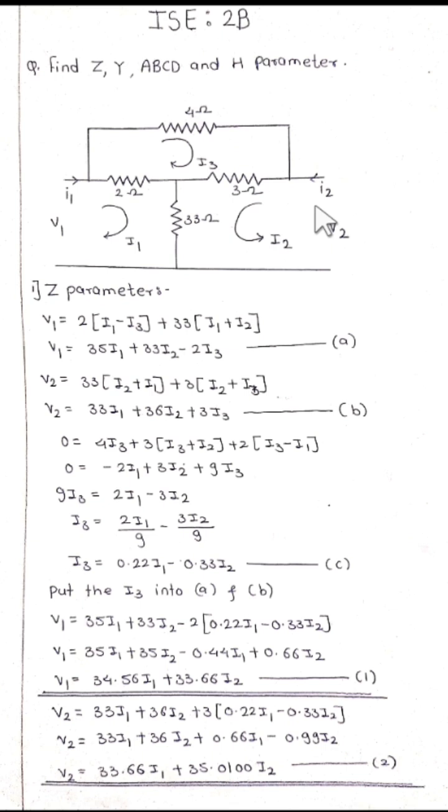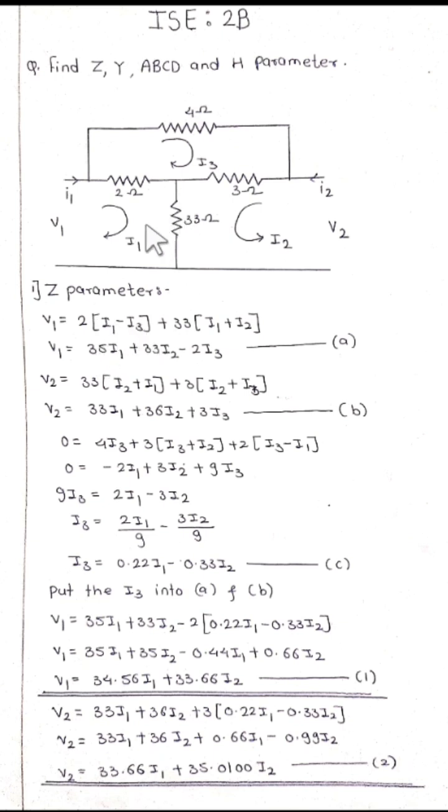Therefore, we consider here this is loop 1, this is loop 2 and this is loop number 3. First we find the equation for loop number 1 by Ohm's law. Ohm's law is V is equal to I into R. Here our voltage is V1, therefore we write V1 is equal to, then this 2 ohm is shared by the two loops, and because of the same direction we write 2 in bracket I1 minus I3.